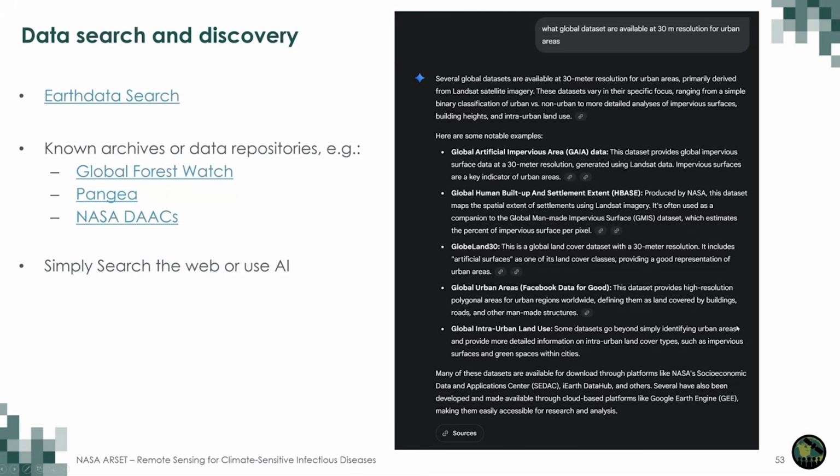It did not pick up all data sets. It gave me some examples, but it also pointed out NASA's Socioeconomic Data and Applications Center, SEDAC, that I mentioned, Earth Data Hub, that I actually don't know much about, but it's very exciting to learn about it, and several others. So it's incredibly easy to find data these days. There are many points of access.